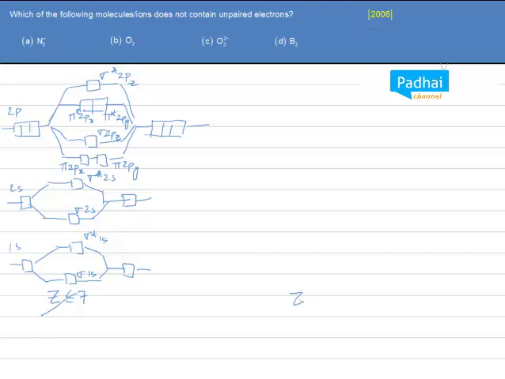For Z greater than 7, 2s and 1s remain the same. In the 2p there is a little change, right? What is the change basically? The anti-bonding remains the same, but the bonding, there is a difference.